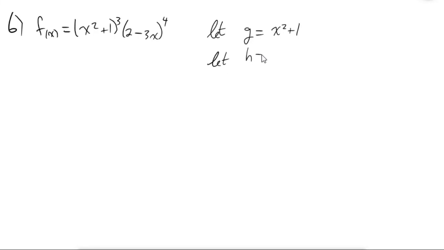Let h equal 2 minus 3x. We'll find the derivatives. Then the derivative of g with respect to x is equal to 2x, and the derivative of h with respect to x is negative 3.